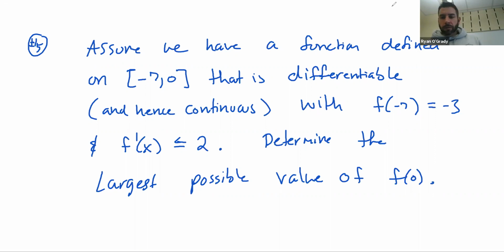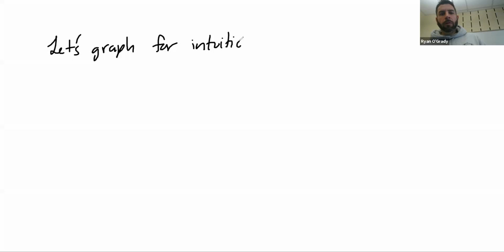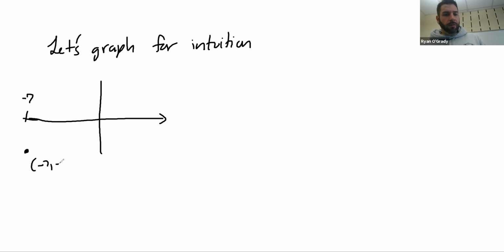Okay, so how can we think about this? Well, we can look at a picture to get some intuition. All we can do is graph what we know. Here's what we're interested in. If this is -7 out here, we know the value of the function is -3. So this is the point (-7, -3).